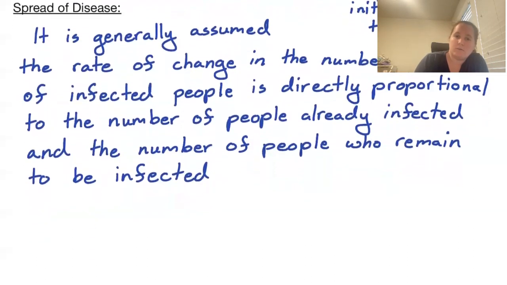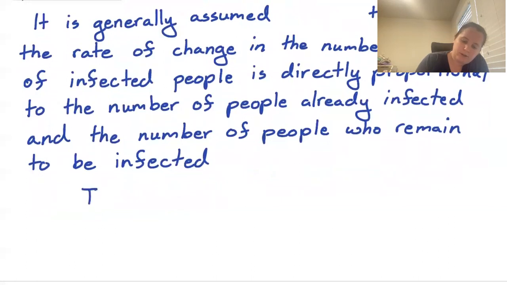And so what we get is this rate of change I prime is equal to some constant R. You've probably heard about this R, the rate of infection per individual, as we have heard about the spread of COVID. This will be times the number of people infected.